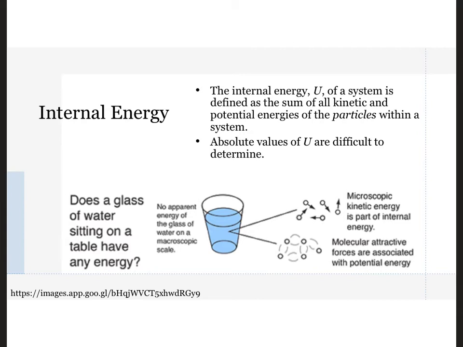This includes the motions of the molecules inside the system. This also includes motions of all the atoms and subatomic particles within the molecules. For this reason, absolute values of U are difficult to determine. But that's okay, because we're more concerned with the changes in internal energy than the total internal energy of a system anyway.